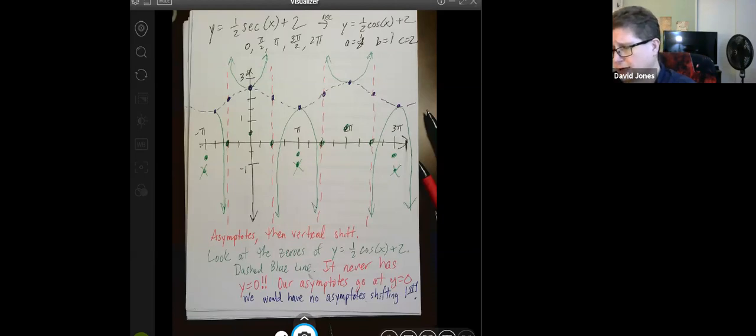Plot period, shift right or left, place asymptotes, shift up or down, and then graph.